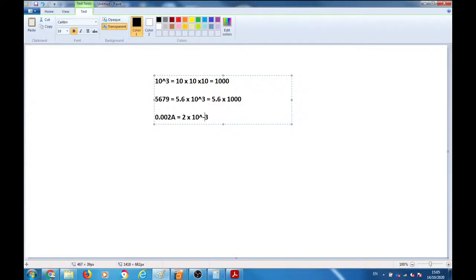I can't see the minus sign very well, so let me separate this a bit. So that's 10 to the power of minus 3. That would be equivalent to 2 times 0.001, which is equivalent to 0.002 ampere.